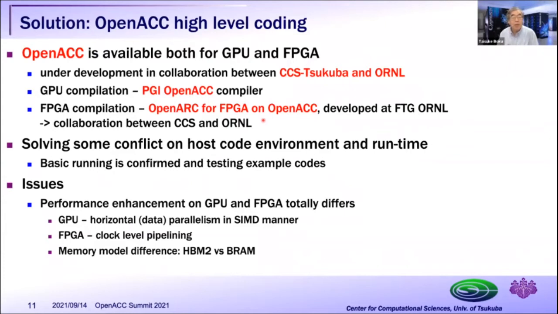So this compiler translates OpenACC to OpenCL, then OpenCL is compiled to the FPGA by the Intel compiler. So we use these 2 background compilers. Another one is PGI OpenACC, and currently it is being replaced by the NVIDIA HPC SDK. But whatever, it is the OpenACC compiler for GPU, that is traditional. So we use the 2 kinds of compilers.